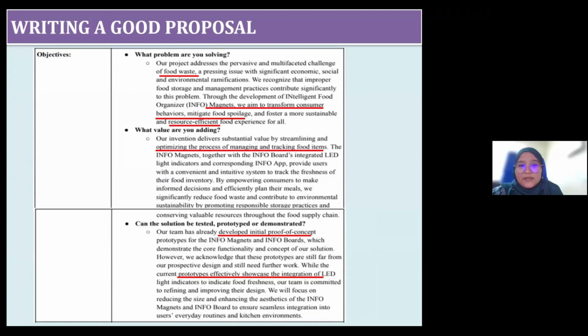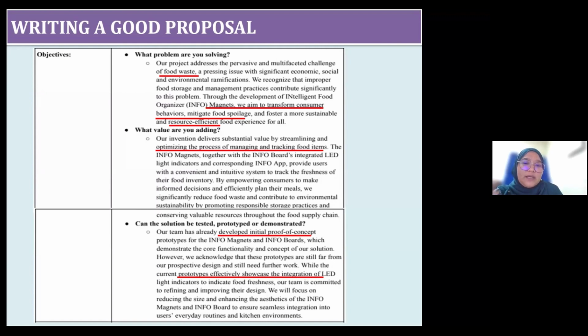In this objective, they answer the questions one by one. Looking at this, as I mentioned just now, we really spell out the questions, and this student or group answered them one by one. For example, first: what problem are you solving?